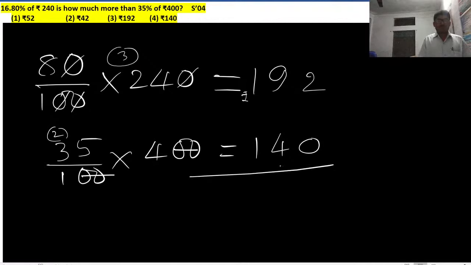So how much more than 140? To find that, we subtract. 192 minus 140 is 52. 192 is 52 more than 140. So option 1.